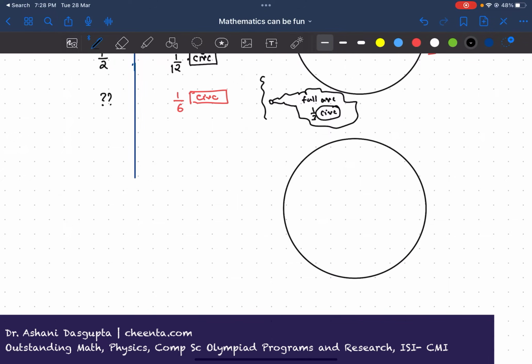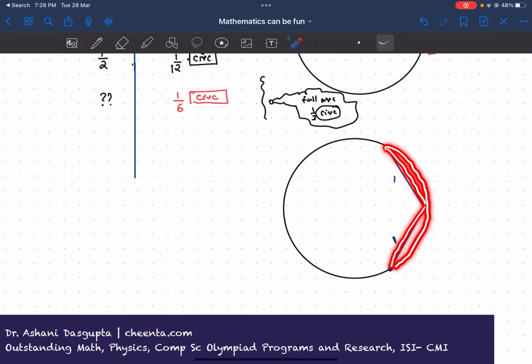We know that if I have a unit radius circle and if the length of these chords are 1, then 2 of them will cover 1/3 of the circumference because 6 of them cover the entire circumference, right?